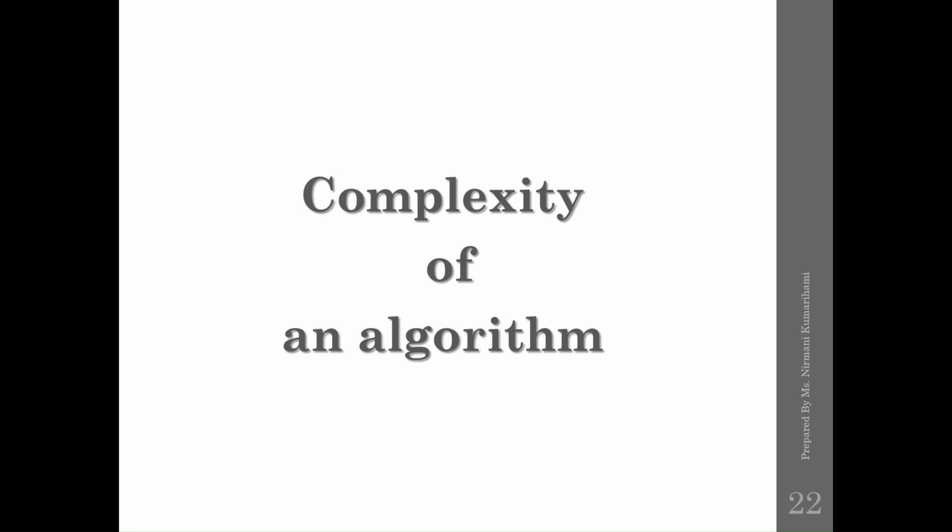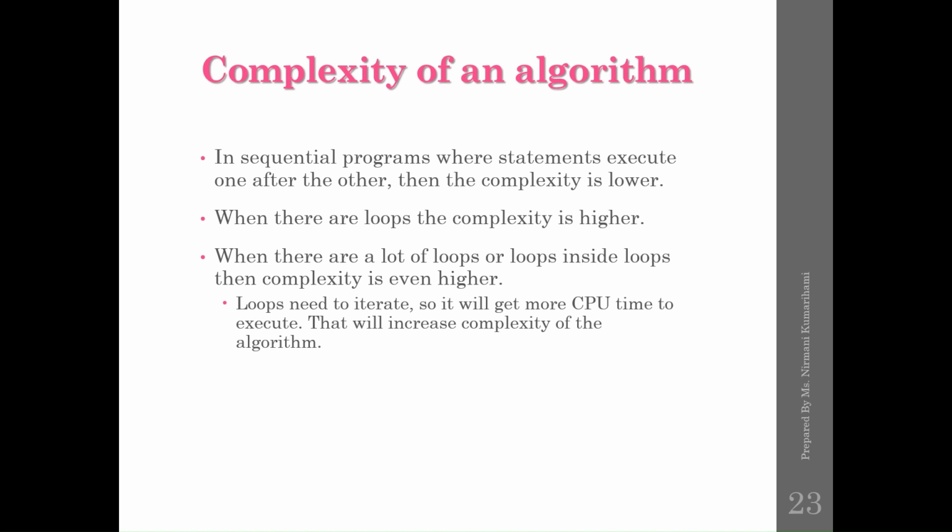Complexity of an algorithm. Complexity of an algorithm is really important. Let's see. The complexity of an algorithm depends on the number of lines of code we are using, how many loops and condition statements we are using in the loop. Other than that, some other built-in functions and procedures are also considered when we talk about the complexity of an algorithm.